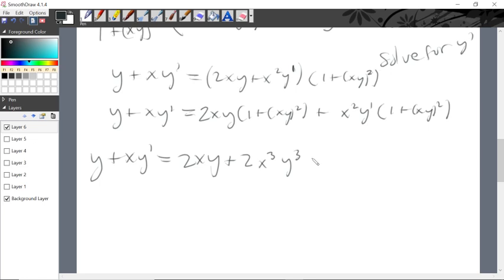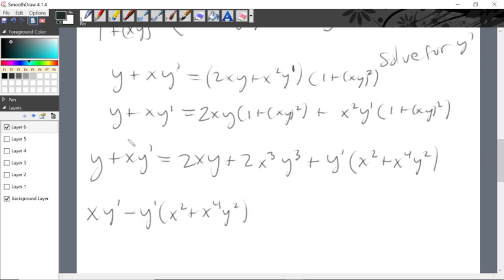Okay, plus, now I have y prime times, I'm going to distribute this x squared to get an x squared plus x to the fourth y squared. Okay, now I'll move the y prime terms to the left, so I have xy prime, leave that there, minus y prime times x squared plus x to the fourth y squared.